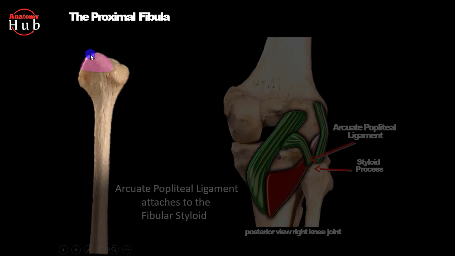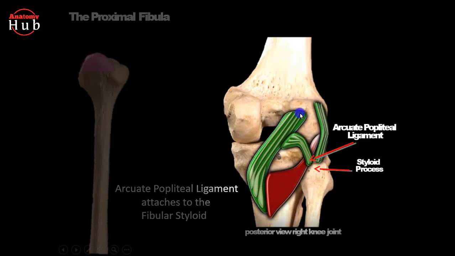So here you can see the ligaments. Here you can see the arcuate popliteal ligament, and here you will find your lateral collateral ligament. These two ligaments attach to this apex of the fibula.